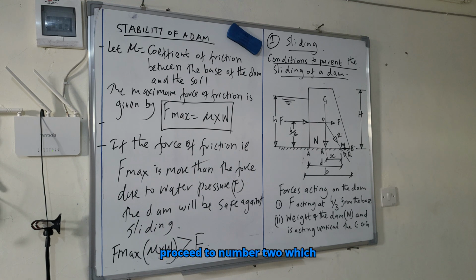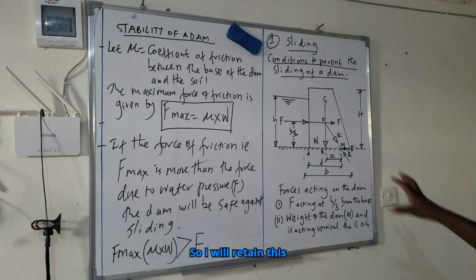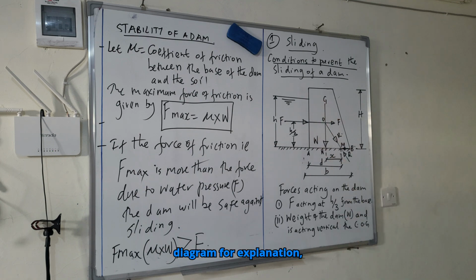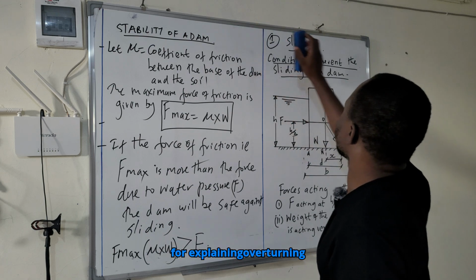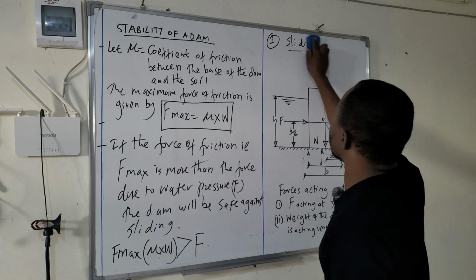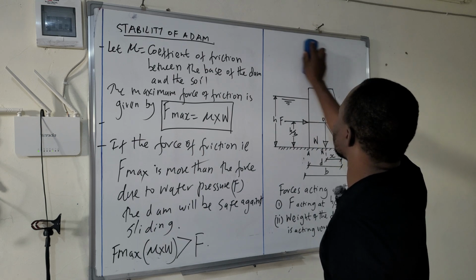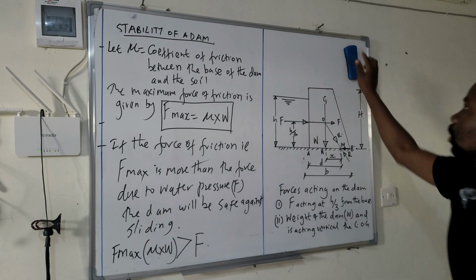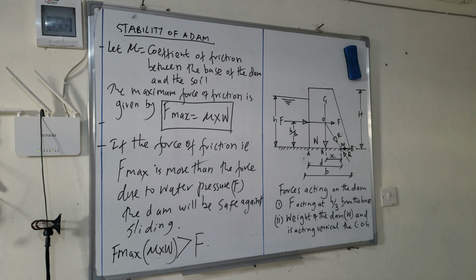We proceed to number 2, which is overturning. So I will retain this diagram for explaining overturning. So number 2 is overturning.